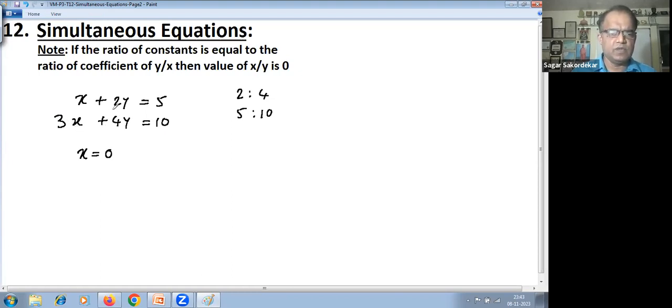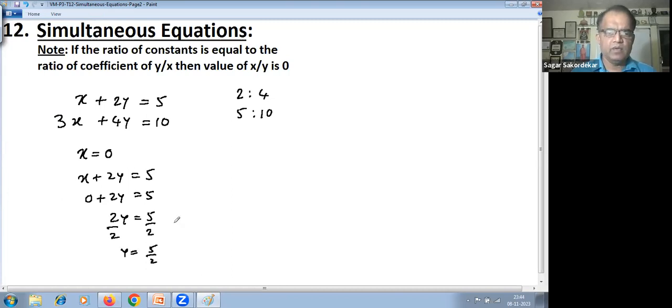So now substitute here. Let's take this equation, x plus 2y. Actually, you can write the direct answer, but I'll write it systematically. 0 plus 2y equal to 5. So 2y equal to 5. Divide both sides by 2. So y equal to 5 by 2. Once x is 0, it is just y equal to 5 divided by 2.